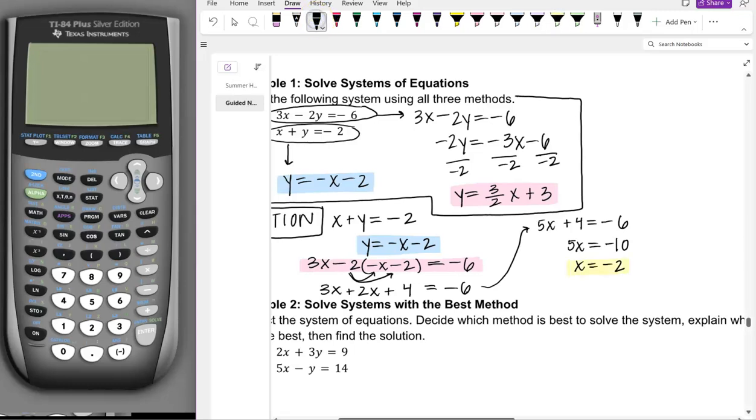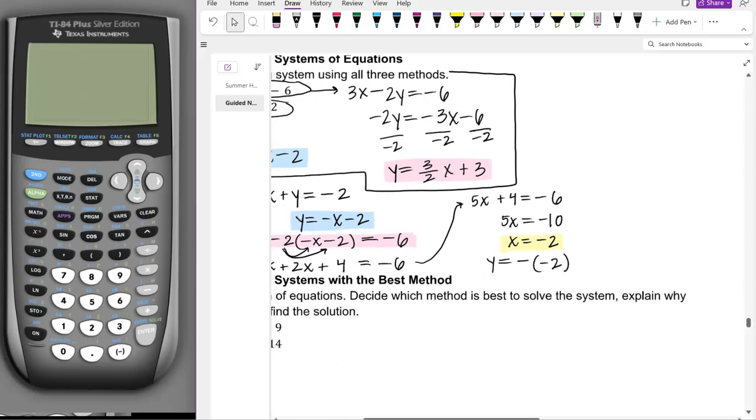X equals -2. To solve for the other variable, I would look at what you already have isolated. We already know y is equal to -x minus 2. So if y is equal to -x minus 2, we know y is equal to negative times -2, minus 2. We're plugging -2 in for x. So we're taking what we just got and plugging it back into the other equation.